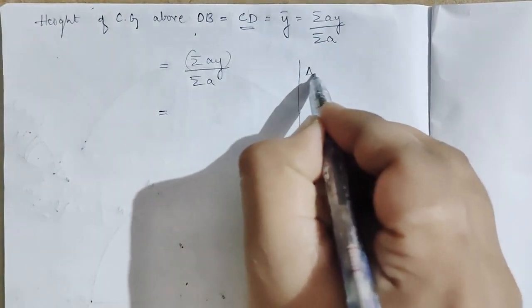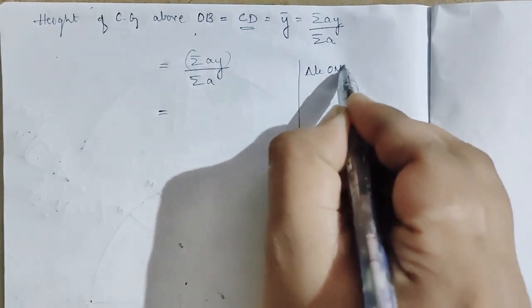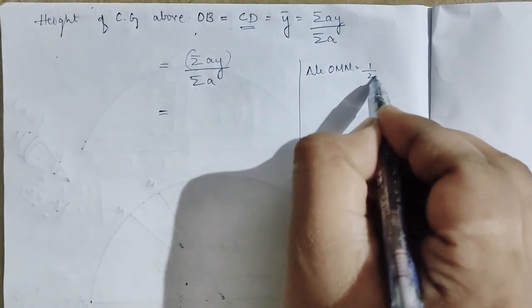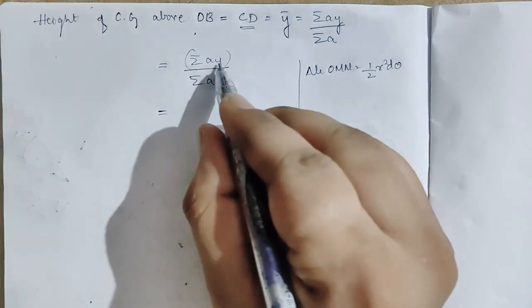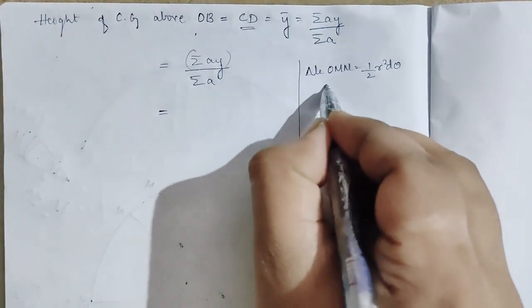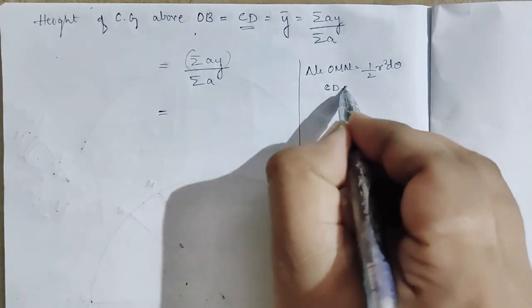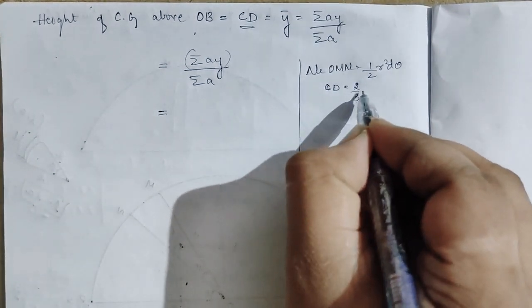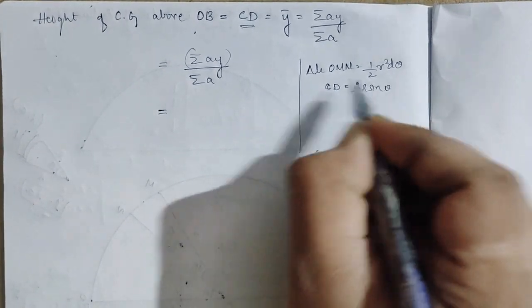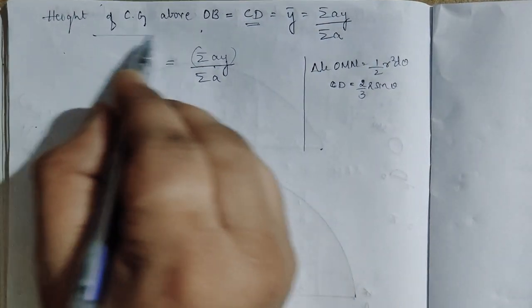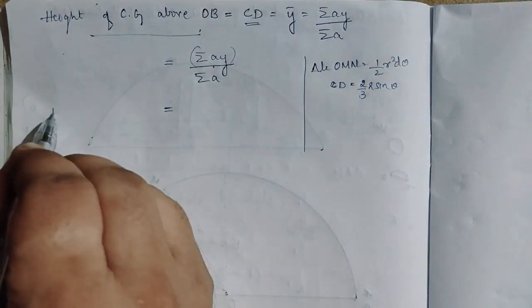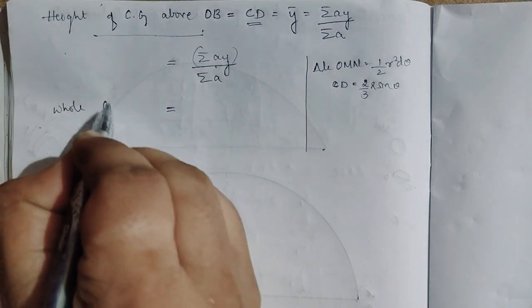We got the area of the triangle OMN as half into r square into d theta. Y is the distance, that is CD, which is 2 by 3 r sin theta. Okay, so we are integrating for the height of CG above OB for the whole semicircle.